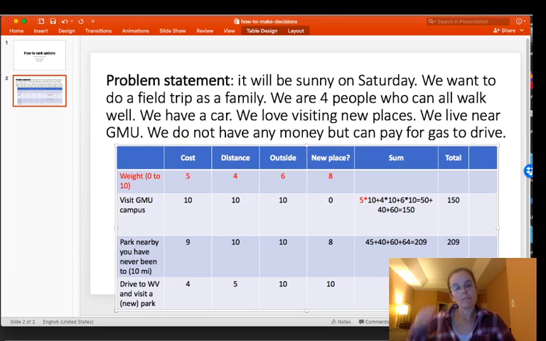And now let's see if West Virginia wins. So it's 20 plus 20 plus 60 plus 80, which is 140, 680. So in this case, really, this family would select this.